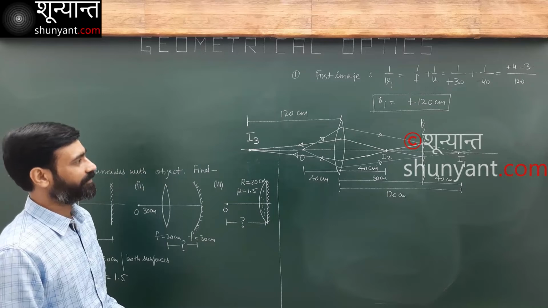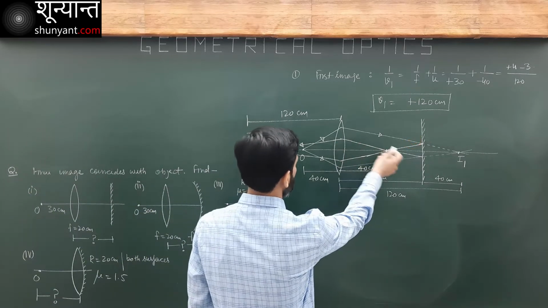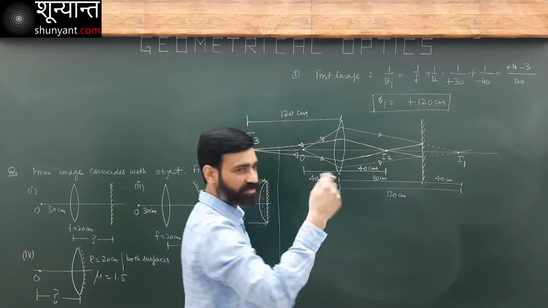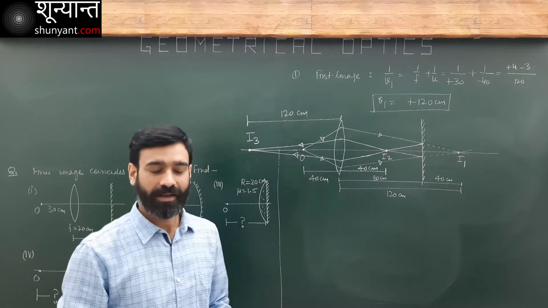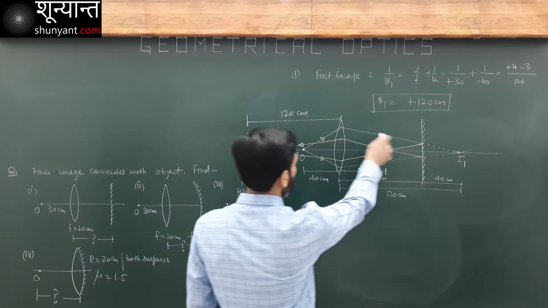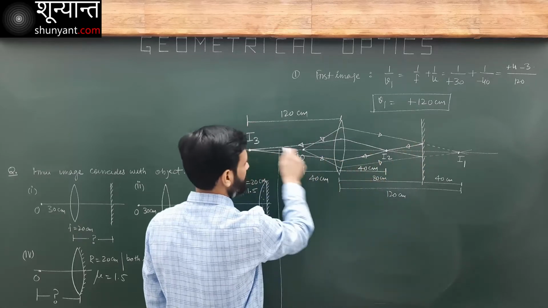Okay. Ray diagrams are very important. Do not ignore the ray diagrams. Ray diagram is all about chasing the light rays. It starts from here, it gets reflected, then refracted, it comes like here.